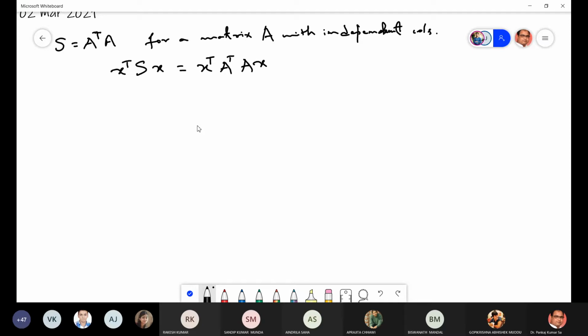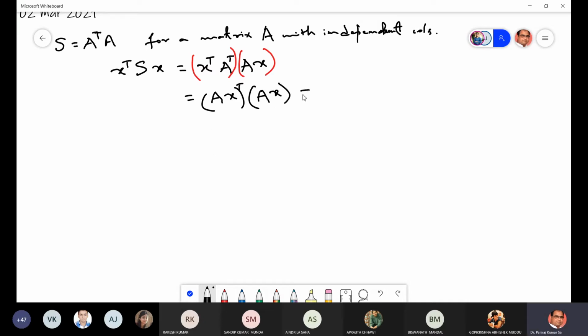What I'll do here is put a pair of parentheses here. No harm. What does it mean? x transpose A transpose. In matrices, the transpose of the multiplication of two matrices becomes (Ax) transpose times Ax.